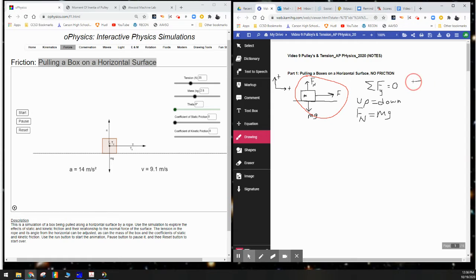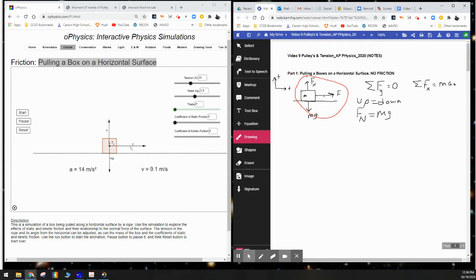So now let's consider the sum of the forces in the x direction. Now it's not going to equal 0 because it's accelerating. So the sum of the forces equals ma. For precision, I should put an X here, but we'll just say the sum of the forces in the X direction. The only force acting in the X direction is this force here.